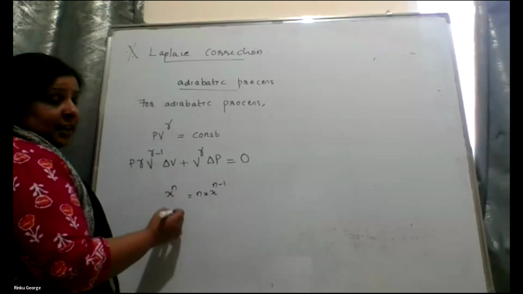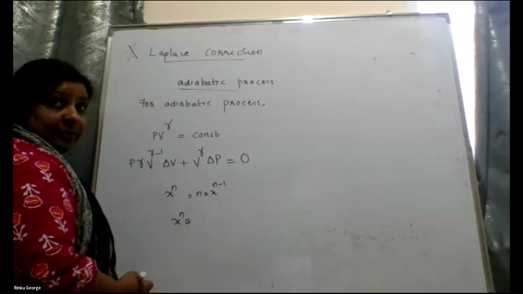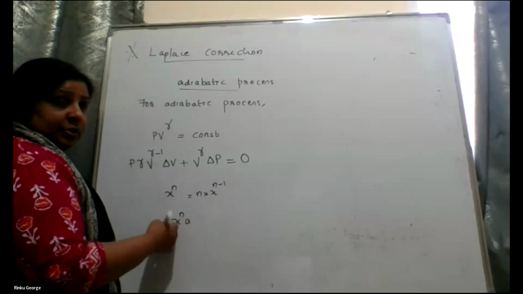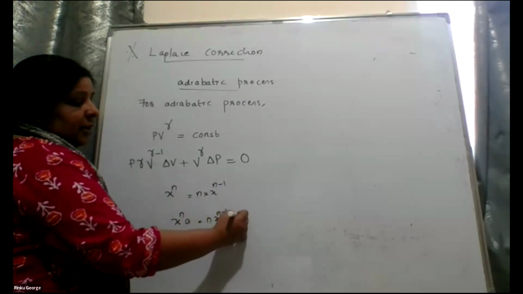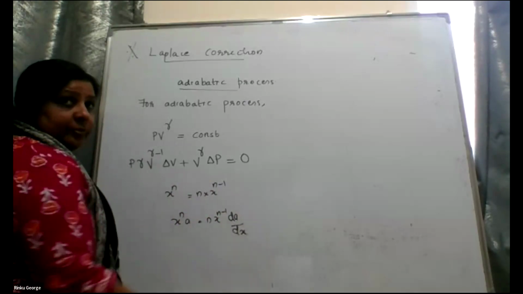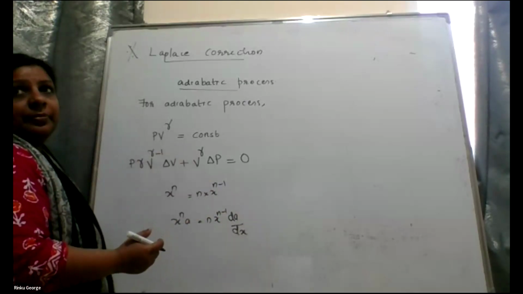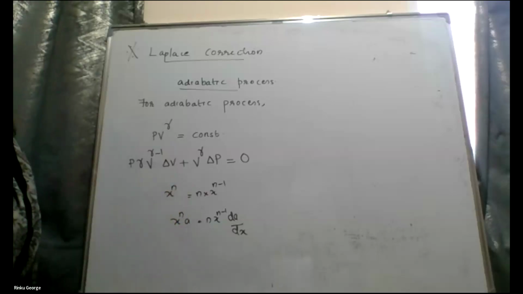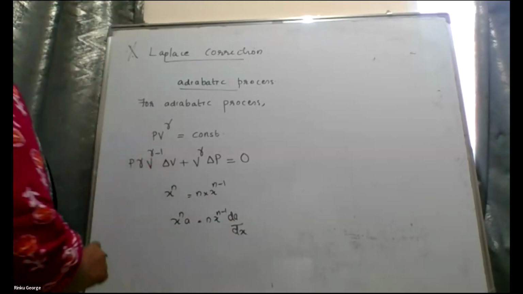It is not just x, it can be x raised to n into a. So you will do n into x raised to n minus 1, and dA by dx will be there. Whatever that term is, you have to differentiate that. This is the general formula, right? Okay, understood.